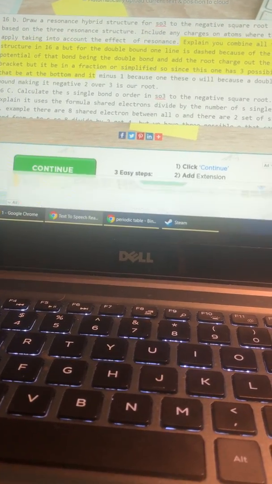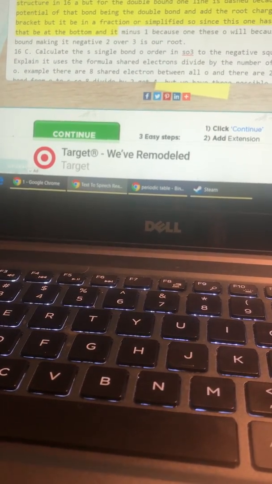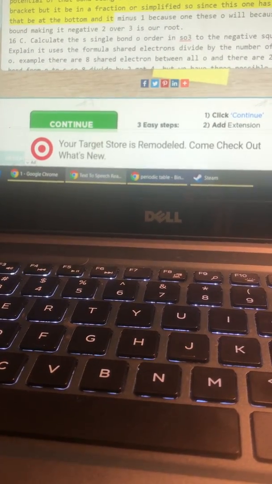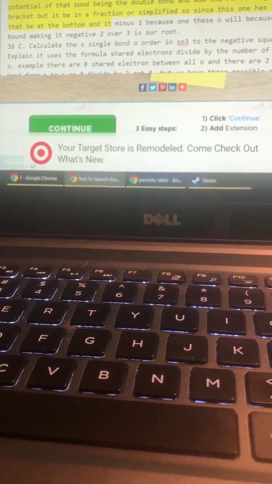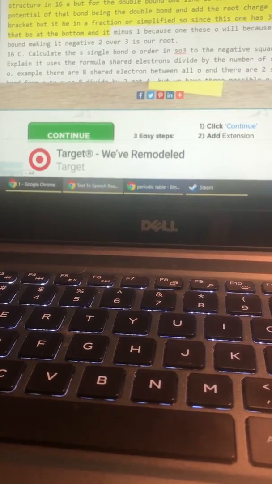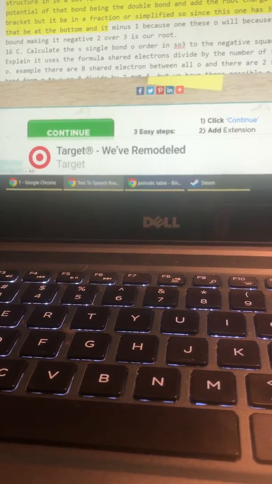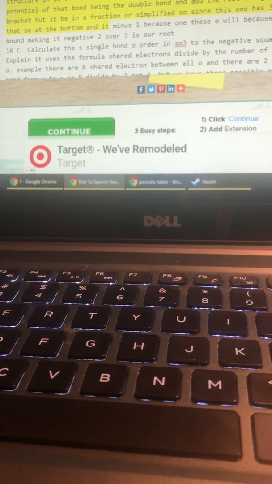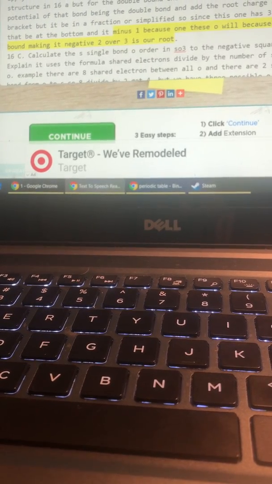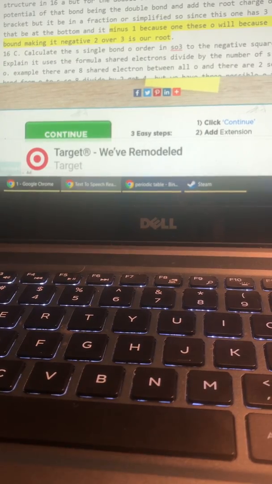Explain: you combine all 3 structures in 16a, but for the double bond, one line is dashed because of the potential of that bond being the double bond. Add the charge outside the bracket, in a fraction or simplified. Since this one has 3 possibilities, that goes at the bottom, and it is minus 1 because one of these O's will become a double bond, making it negative 2 over 3 our charge.